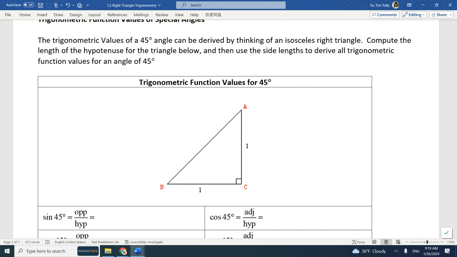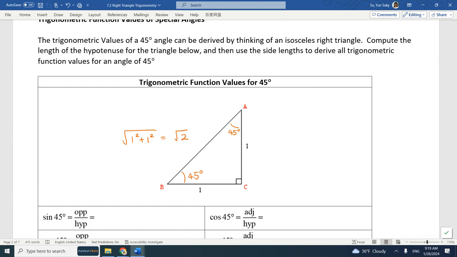So 45 degrees. Okay, now we know this side is equal to this side, and this is also 45 degrees. Right, everybody? Okay. What is the hypotenuse? By the Pythagorean theorem, it is the square root of 1 squared plus 1 squared, which is square root of 2.